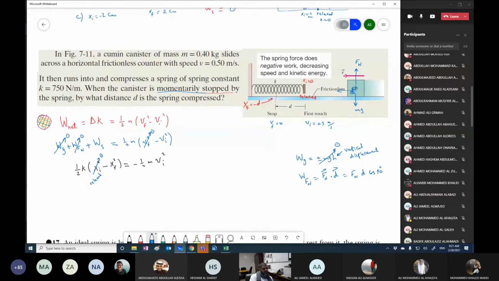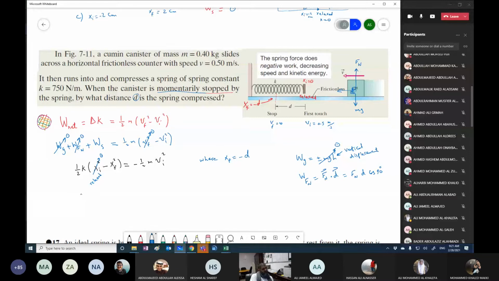Okay. And what is the X final? It is this d that we want. So X final is minus d. So the minus d square will be what? It is d square, where x final equals minus d according to the drawing. So this is the relaxed position. X final will be this distance d to the minus side.